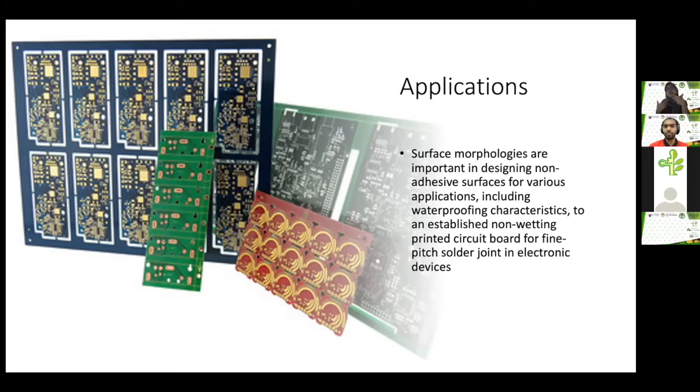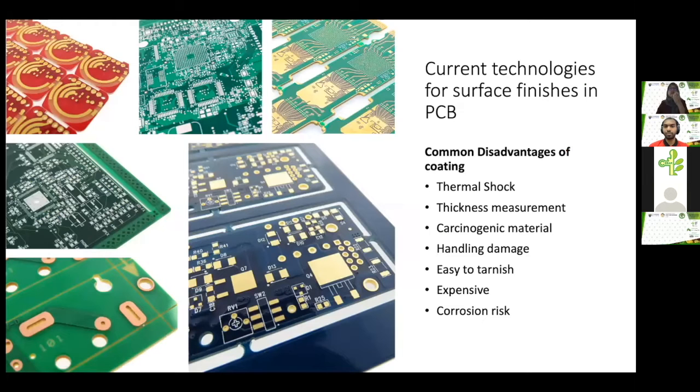So it's not just that, because for us, since we are working on surface finishes and the assembly of electronic packaging, we try to see whether it can be used in our application. If you look at the current technology of surface finishes, all are using coating.